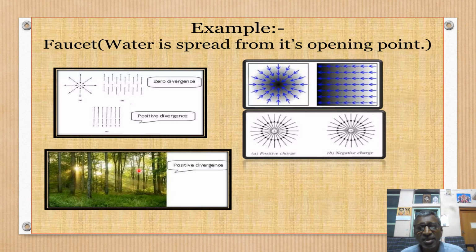Here the positive charge is coming out, and when the lines are concentrated at one point you can regard that as a negative divergence, and here it is going to be zero divergence. These are some examples or instances where we can have the divergence.